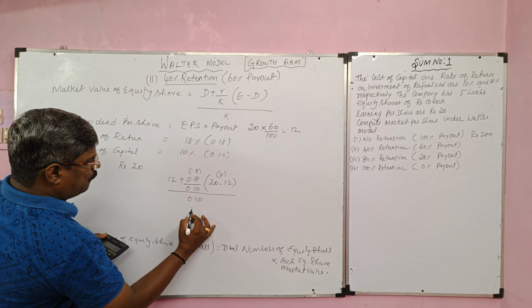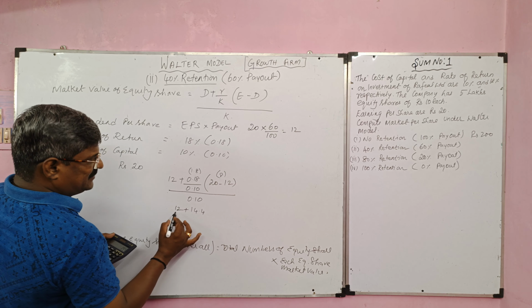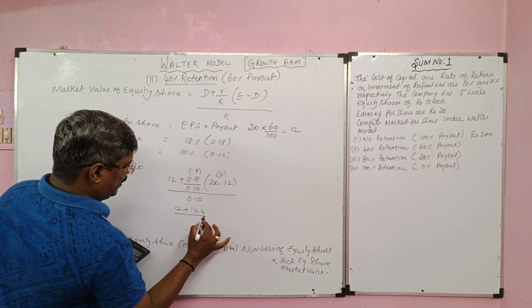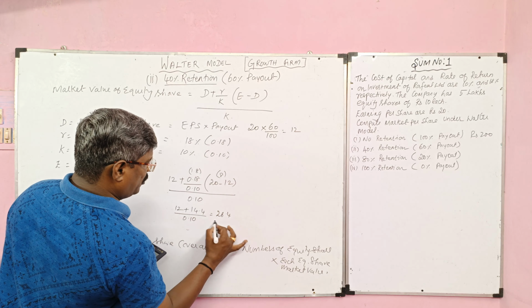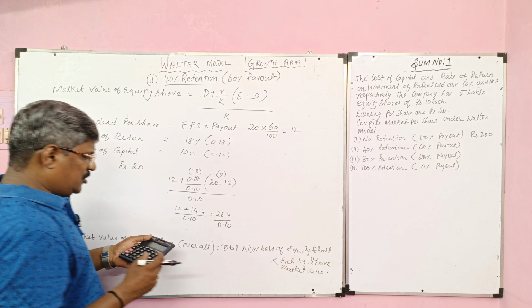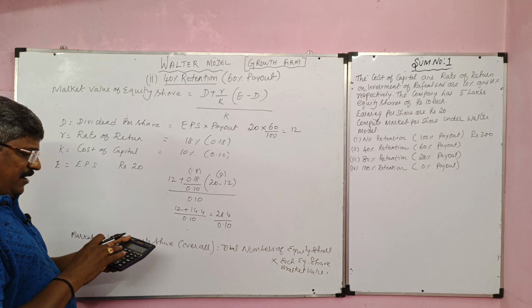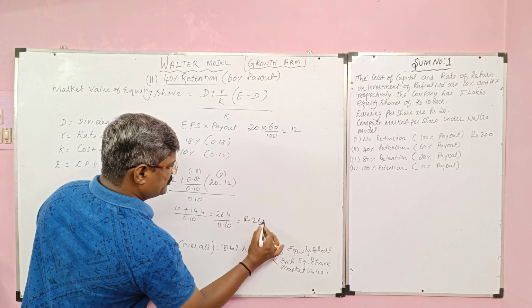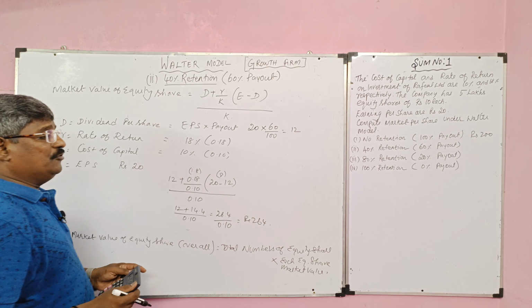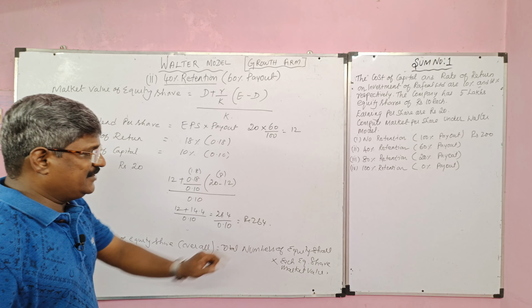We'll get 14.4 plus the dividend as usual, 12, divided by 0.10. So total 26.4 divided by 0.10 will get rupees 264. So market value per equity share is 264.